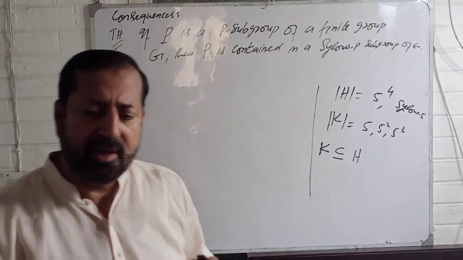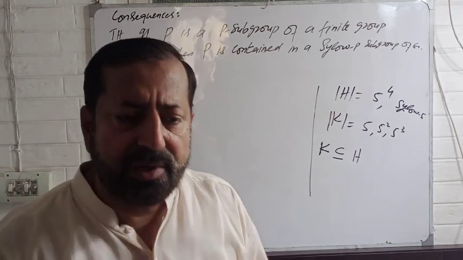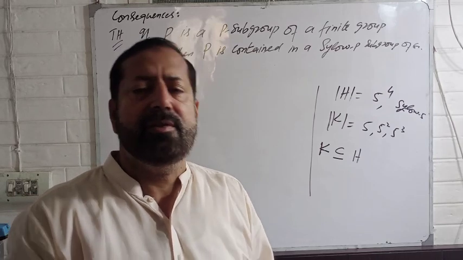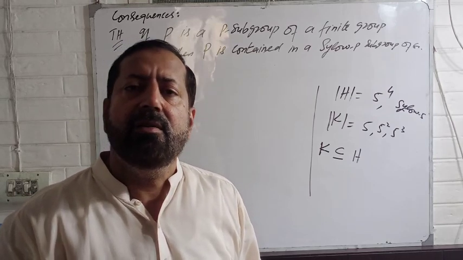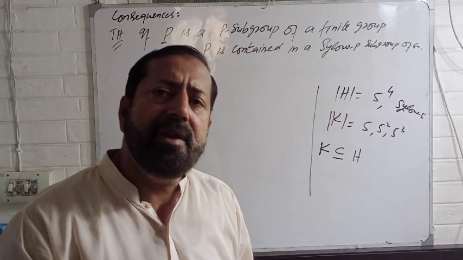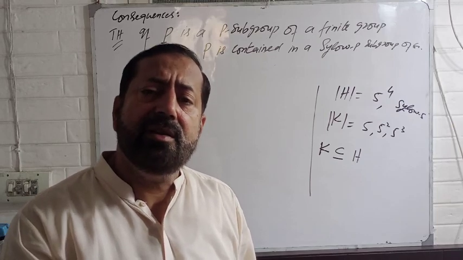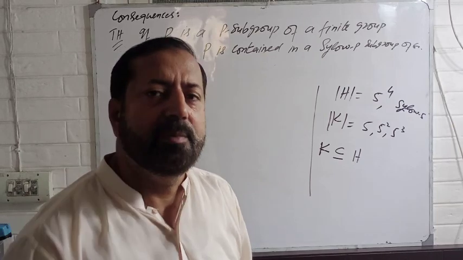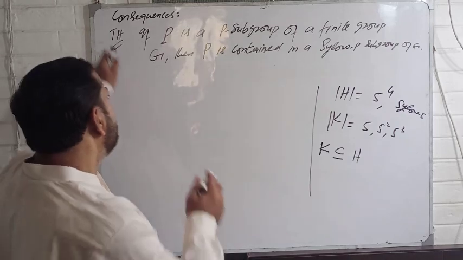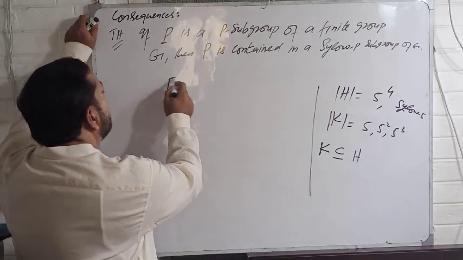The first theorem says that if H is a Sylow-p subgroup and P is a p-subgroup, then you have to show that every p-subgroup is contained in a Sylow-p subgroup, right? So you can understand with the help of an example.